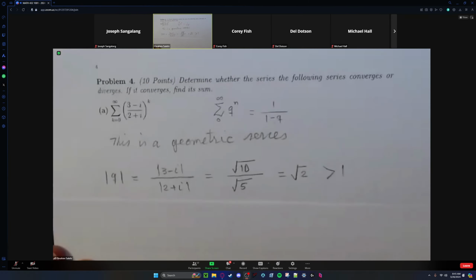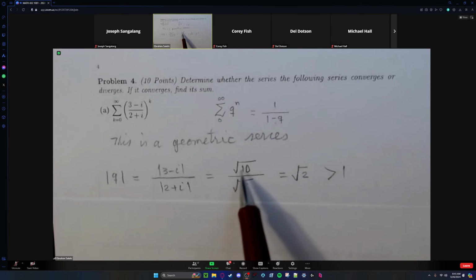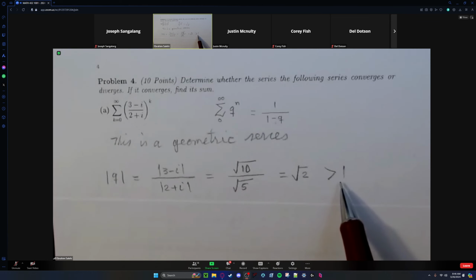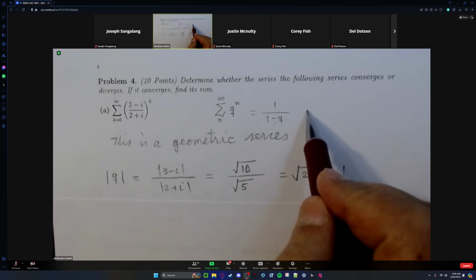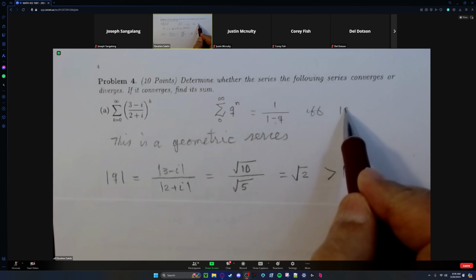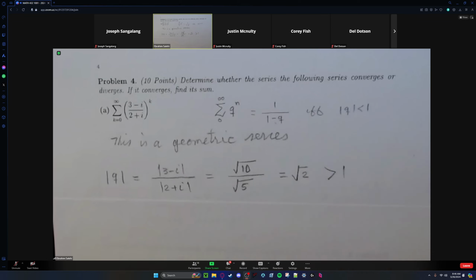Modulus of q is square root of 10 over the square root of 5, which is bigger than 1. So this happens if and only if modulus of q is less than 1. Otherwise, it diverges.